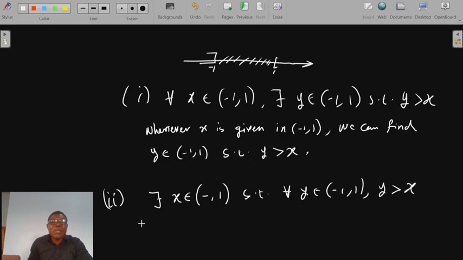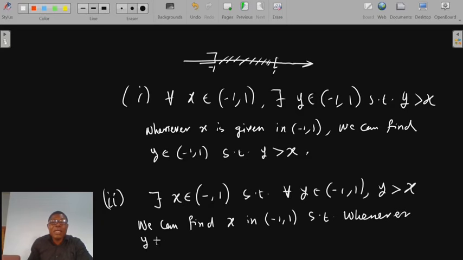This one reads that we can find x in (-1, 1) such that whenever y is given in (-1, 1), that given y must be greater than x.